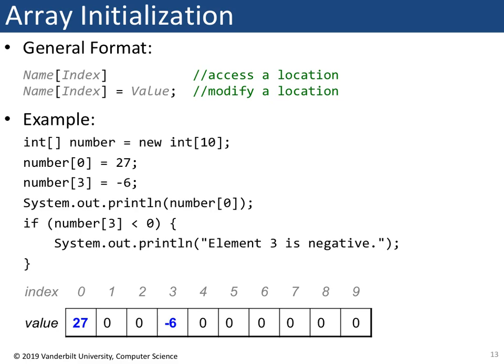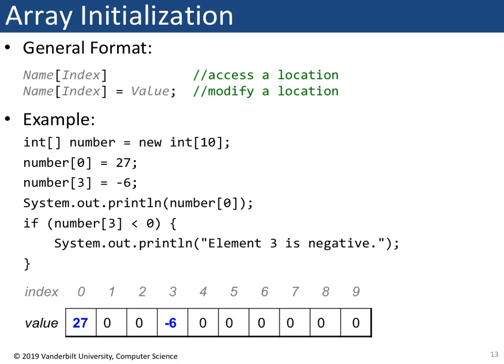Much the same, if we want to modify a location, then we have the name of the array, open bracket, and then the integer expression for the index of the element we wish to modify, followed by close bracket, and then we can assign it a value just like we would a variable. Remember, one of the simplest versions of an integer expression would just be an integer literal. So in the following examples, we'll just use literals to index the array.